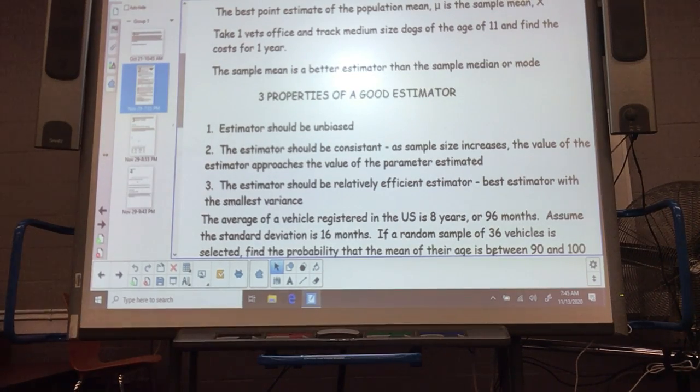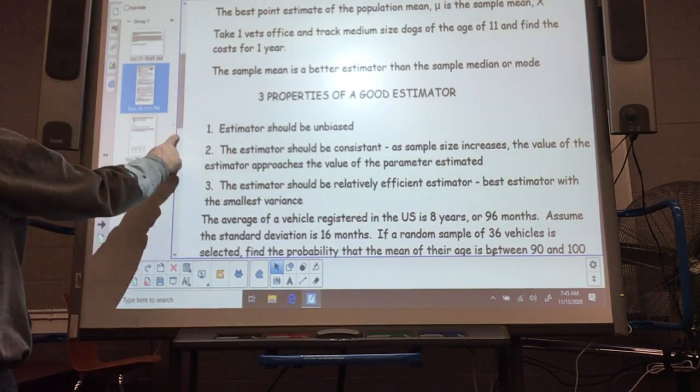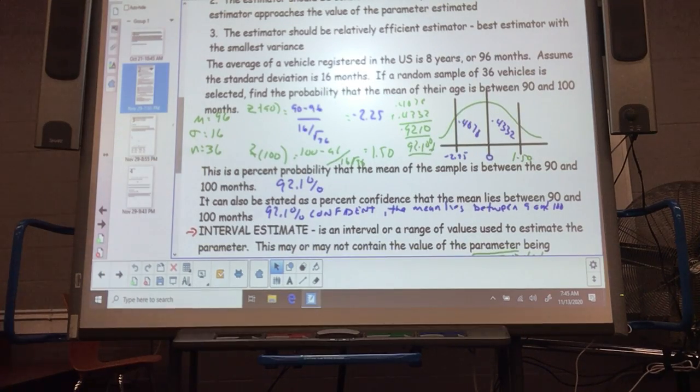Talked about estimators, 3 good properties of an estimator, and you will have to be able to give me a couple characteristics of a good estimator. Let me work through a problem that dealt with the average age of a car and what probability there is of it being between 90 months and 100 months old.